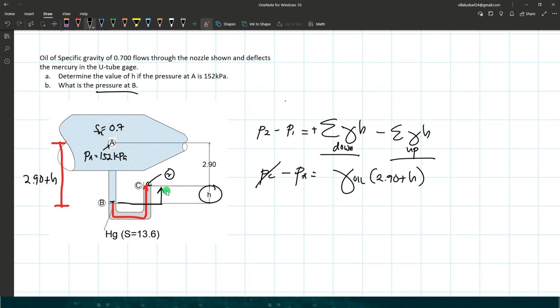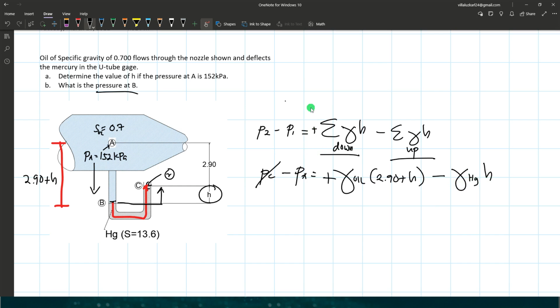Earlier, the oil, from point A to point B, is going downward in direction, so this is positive. On the other hand, the mercury, from point B to point C, is upward in direction. Therefore, we have a negative sign, which is the product of the unit weight of mercury multiplied by H. So this is our equation for this problem.